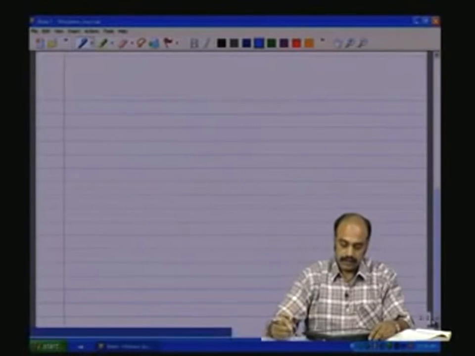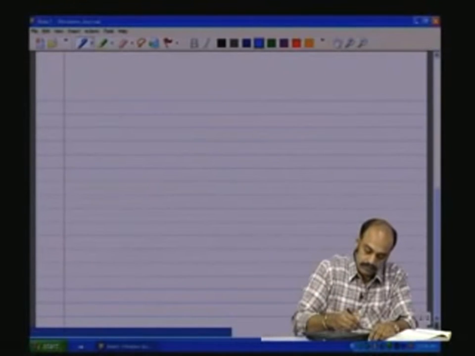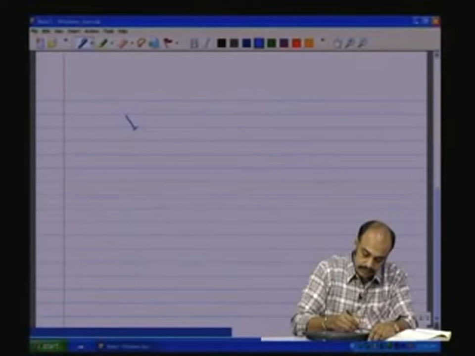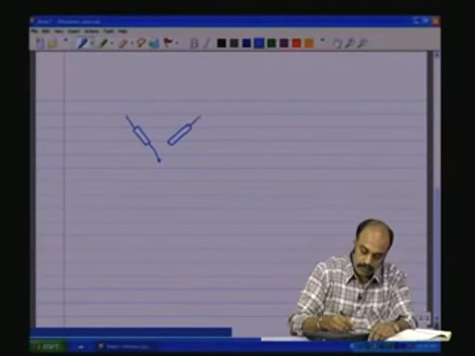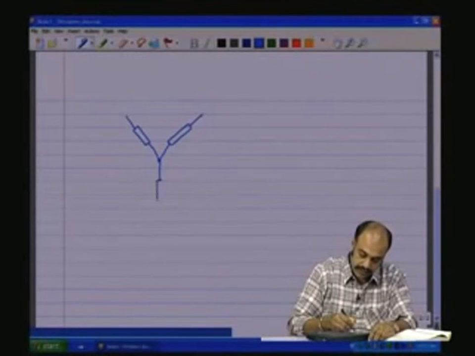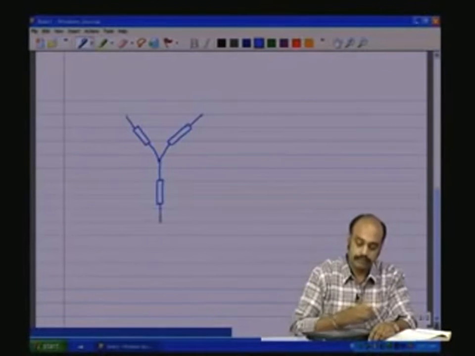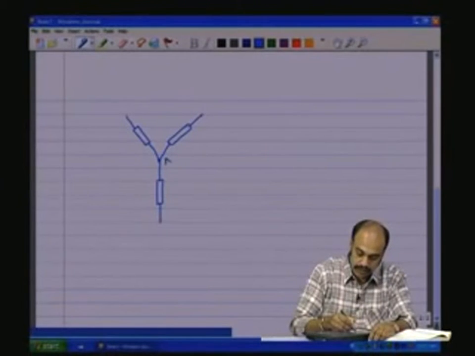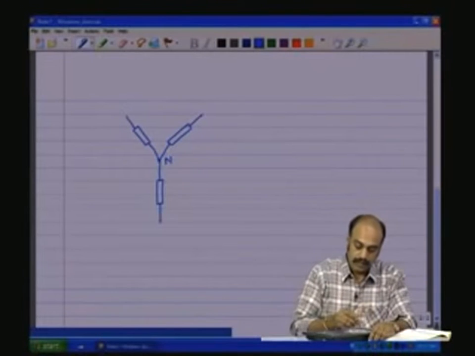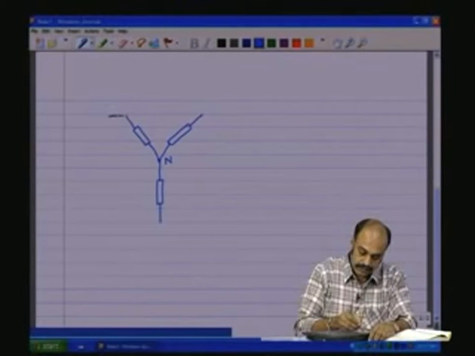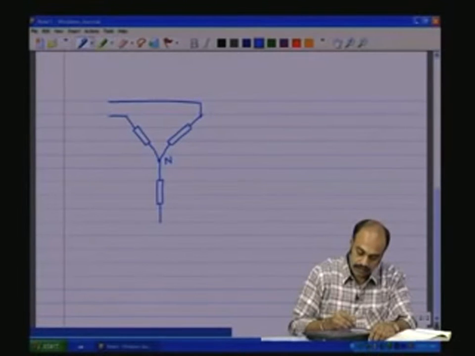In the star circuit, we saw that if there is any load, one end of the load or the source gets joined, connected as shown here, and this point is called the neutral point, and the other end will of course go to the source.